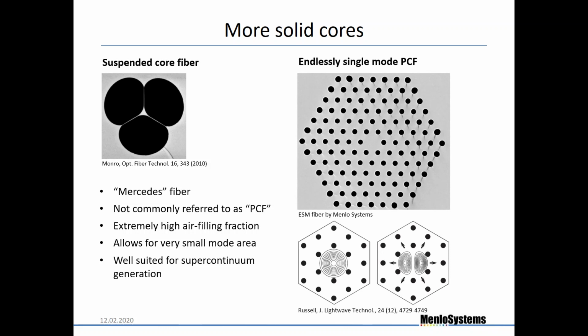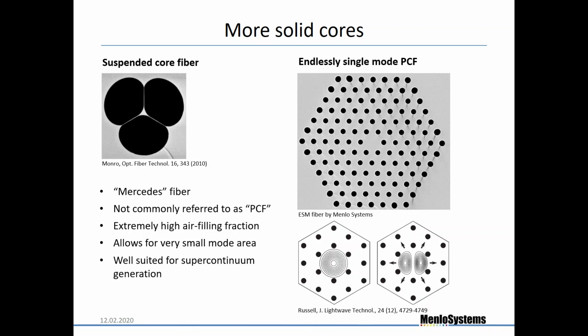On the other end of the spectrum, that is, if we go to very low air filling fraction, we can construct something that's called an endlessly single mode fiber. This type of fiber will be single mode for all wavelengths that are being guided in the core. And this is different for a normal step index fiber. A step index fiber will be single mode only over a certain wavelength range, and then when you go to shorter wavelengths, it will become multimode. Here, this is not the case for geometrical reasons, as explained in this little sketch down here.